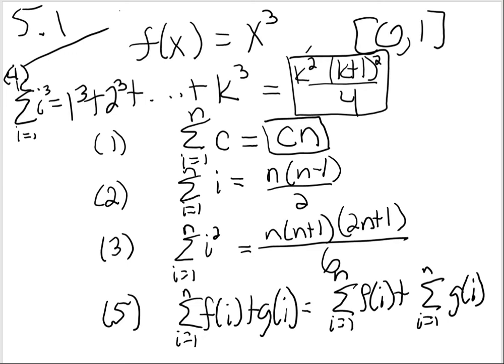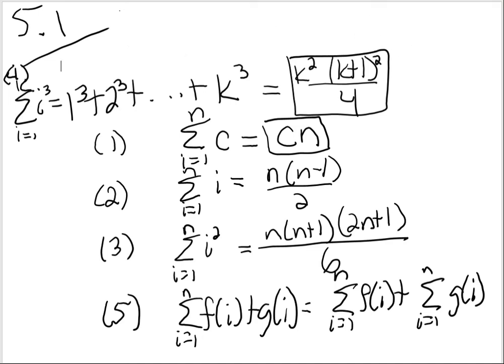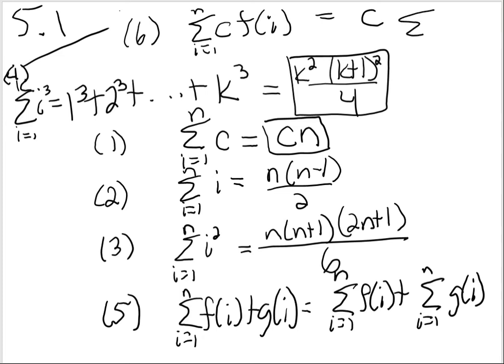Okay, and then let's clear out this function and write the last rule up here. If you have some constant times a function of i, summed from i equals 1 to n, that constant pulls out.